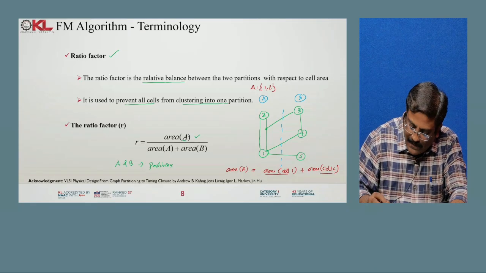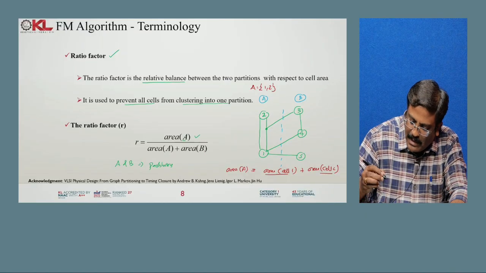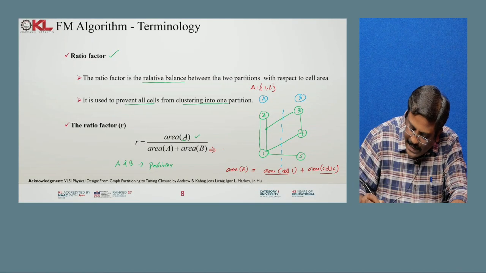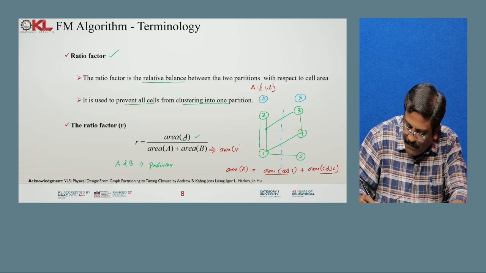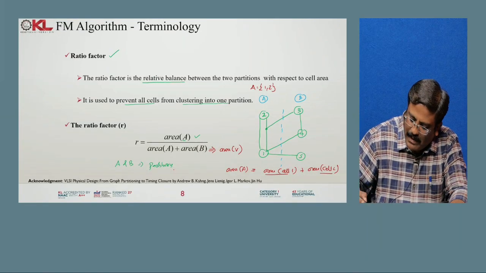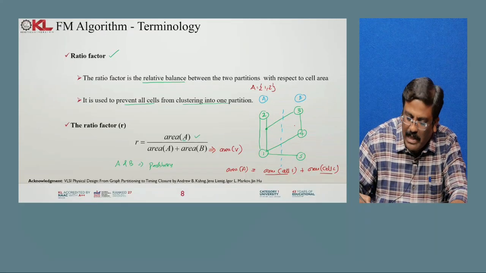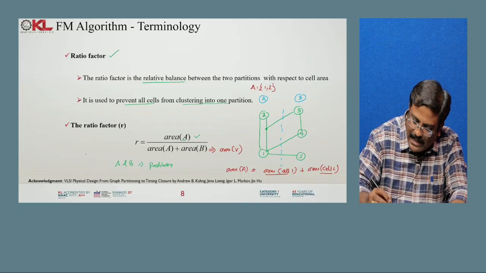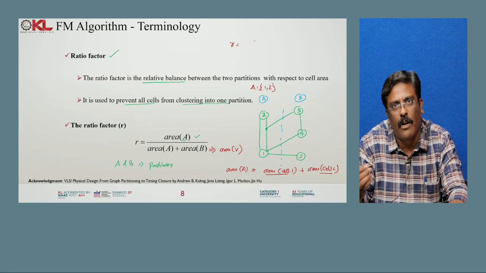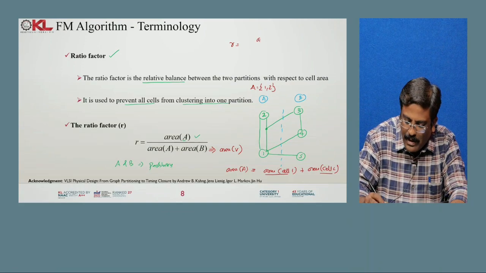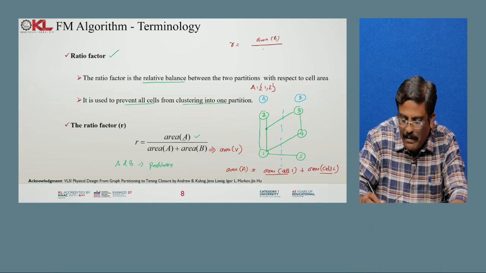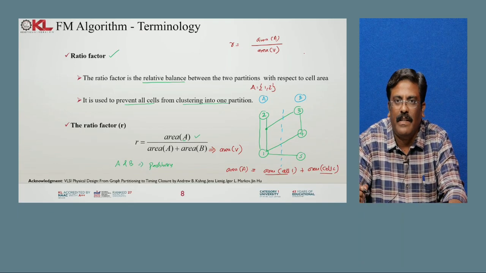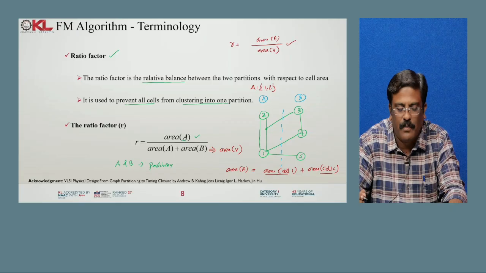Then the area of A plus the area of B indicates the total area, meaning all the vertices present on the hypergraph. So the ratio factor formula can also be written as R equals the area of A divided by the area of all vertices present on your graph. This is what the ratio factor talks about.